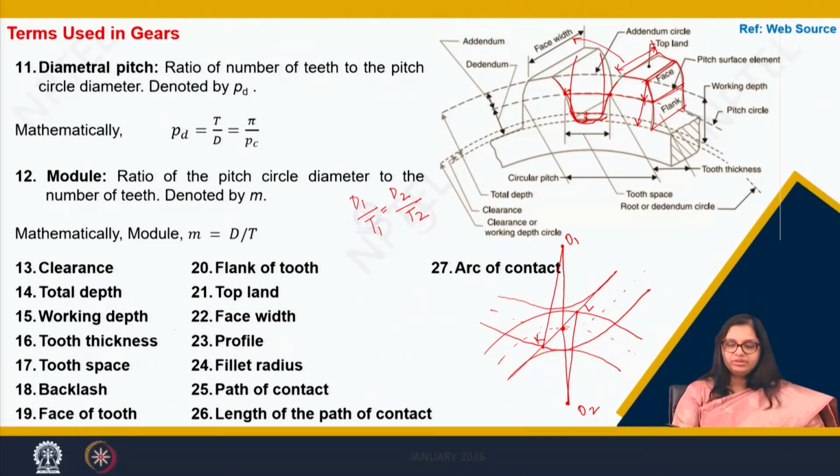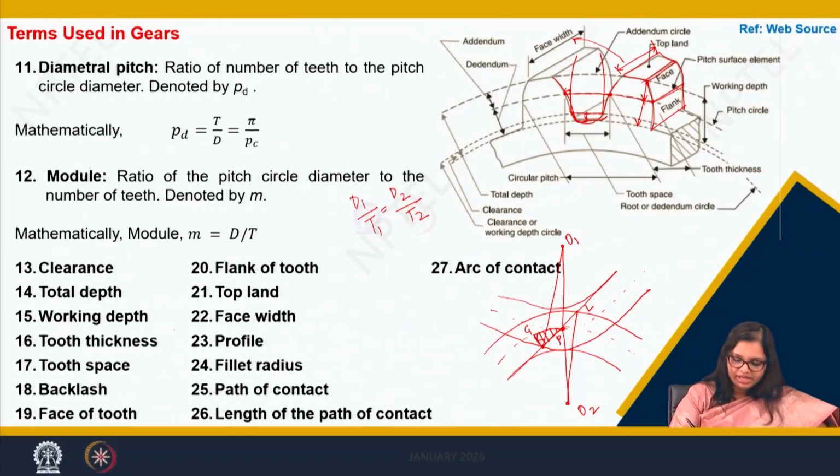Now when we talk about the arc of contact, let us say this is point P. From this K we draw a perpendicular, we draw the locus of this point on the pitch circle. So this arc, let us denote it as G. This we call the arc of contact.